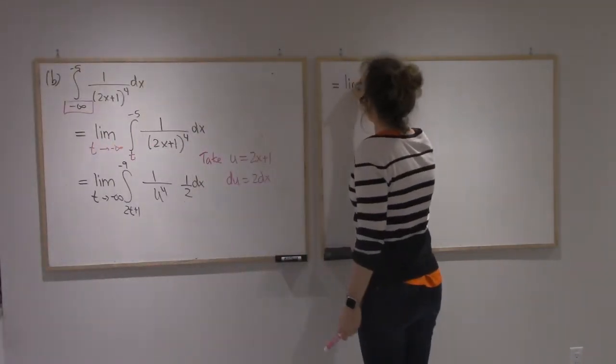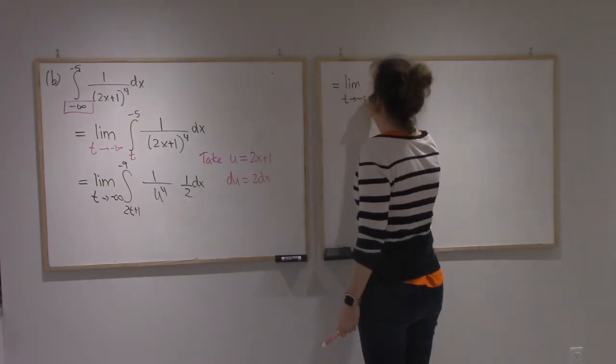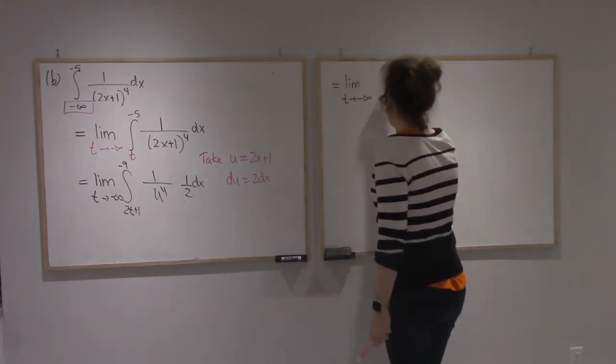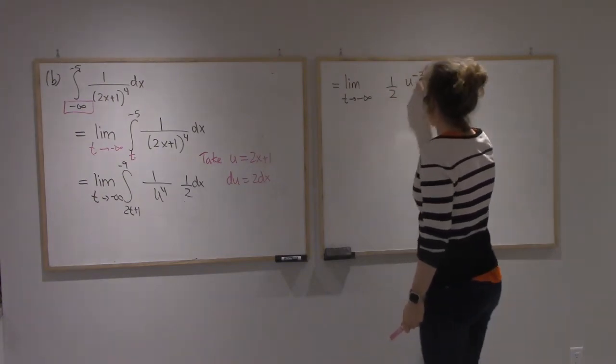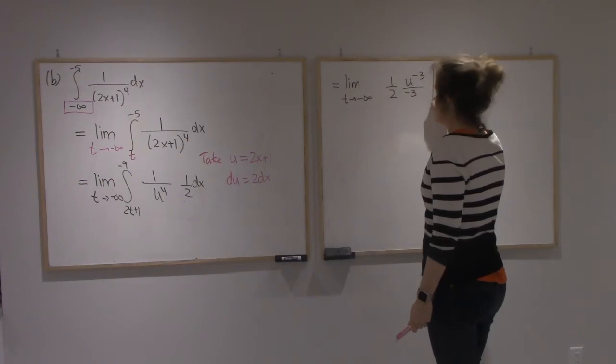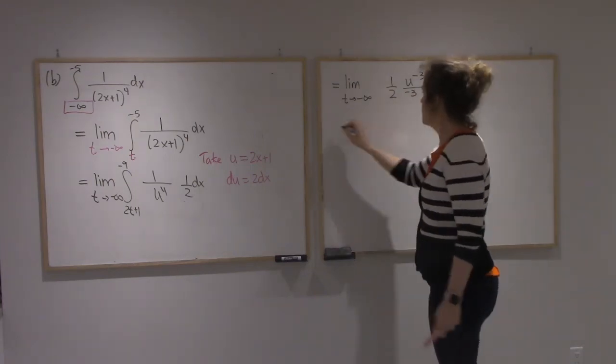So I'm getting the limit as t goes to minus infinity of 1/2 u to the minus 4 plus 1, so minus 3, over minus 3, from 2t plus 1 to minus 9.